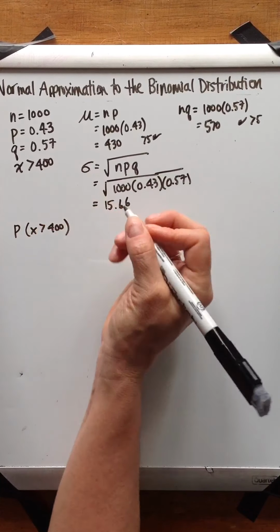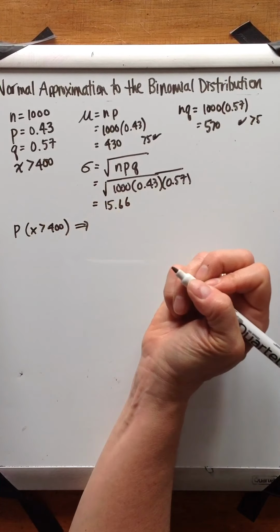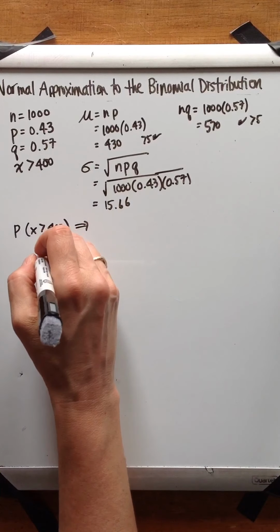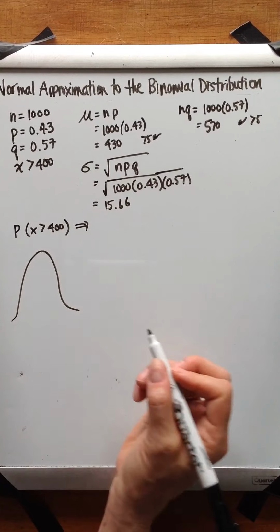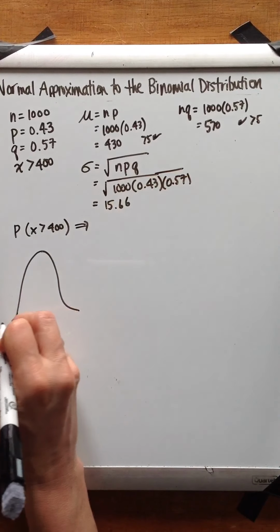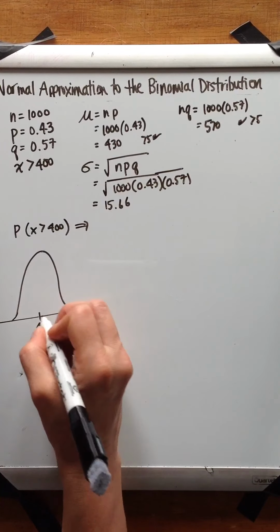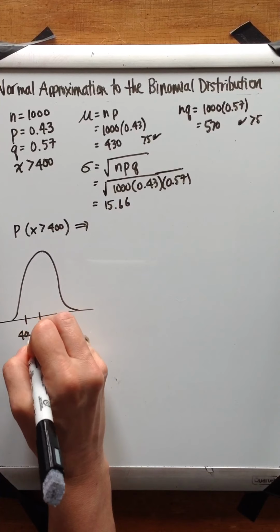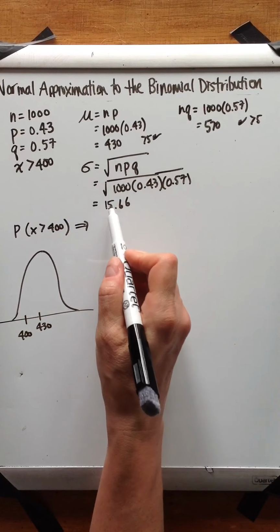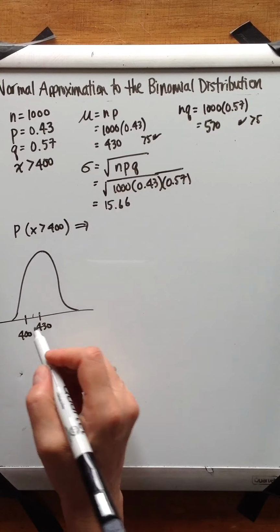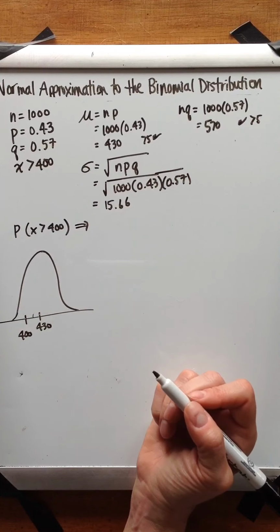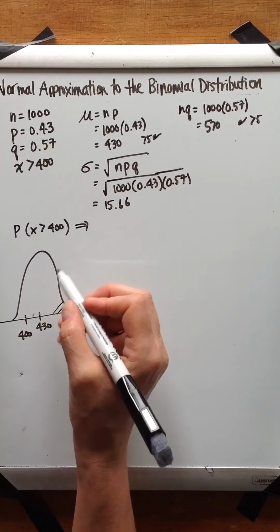Don't forget, we've got to do a continuity correction. Okay. So if we're looking at, again, sort of sketching the curve to get an idea of what that continuity correction looks like, our mean is at 430, and we're at 400. This is definitely not to scale, because the standard deviation is 15. This would be 2 deviations away. And I want the area of the curve greater than 400, so I'm looking at this.